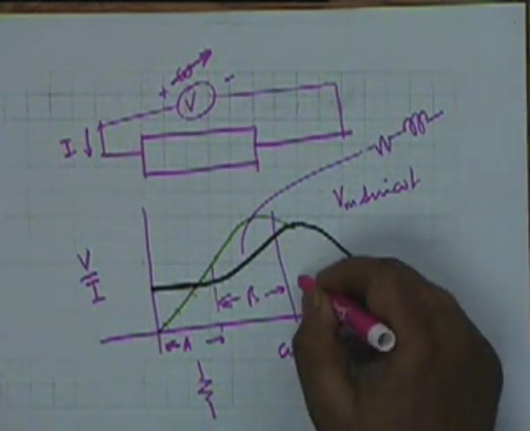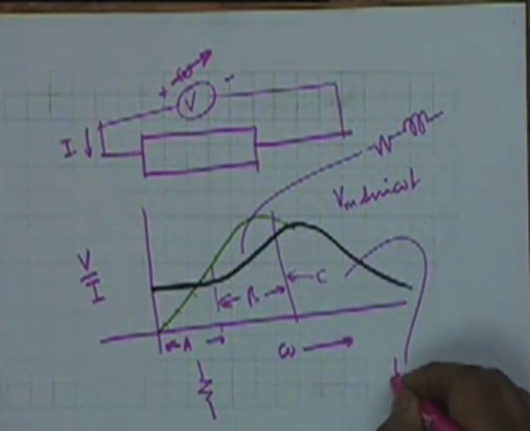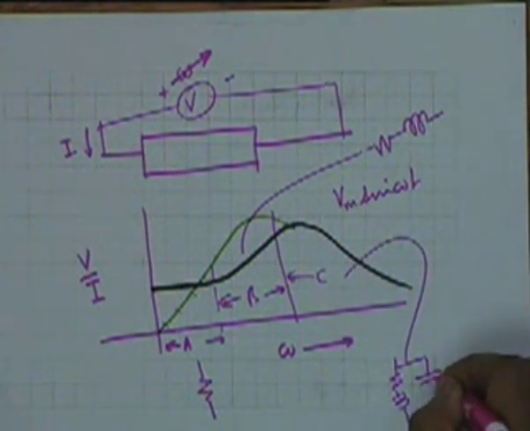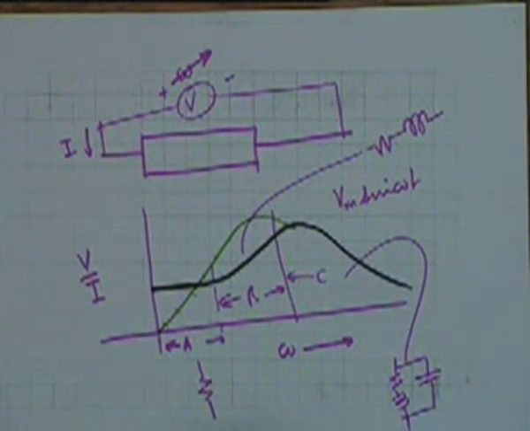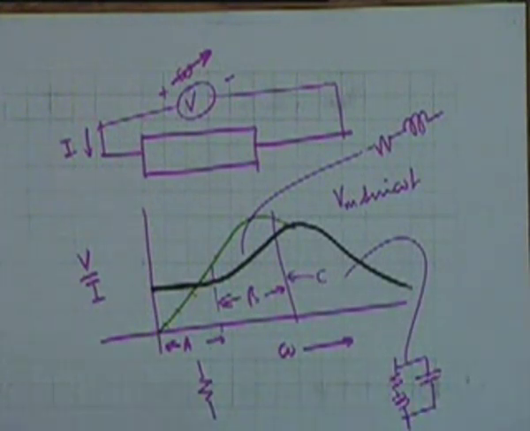And over the rest of the range C, it appears that we have to include a capacitance across the resistance and inductance. So these three are examples of models of a simple device like a resistance that you see in the laboratory. If you make a physical measurement at various frequencies, then the model at various ranges of frequencies shall be different. And this is what we mean by the term model.